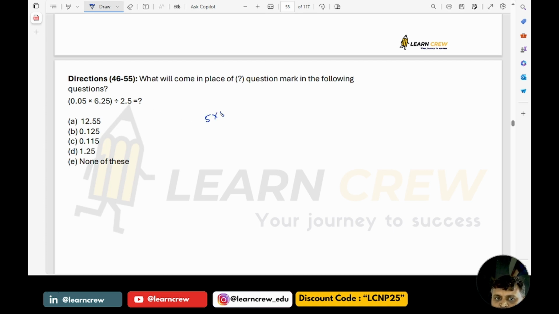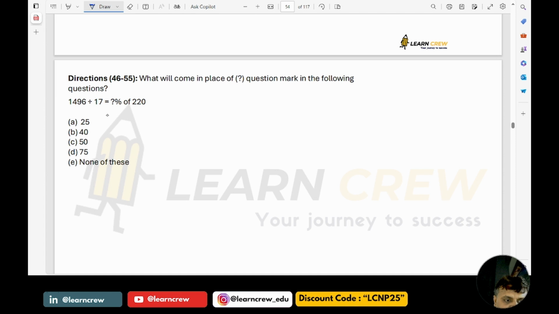It is 5 power 4 into 10 power minus 2. So you got 10 power minus 4. It is 5 square power 10 power minus 1. So 5 square will cancel. Okay, so it is 5 into 5 square, 5 cube into 10 power minus 3. So 0.125 is the answer.